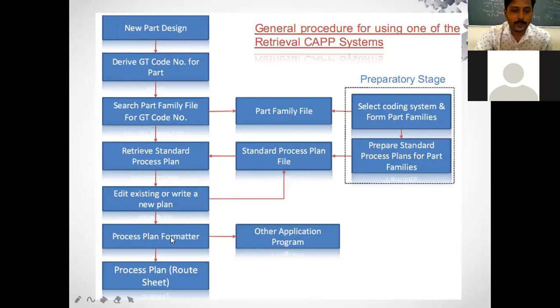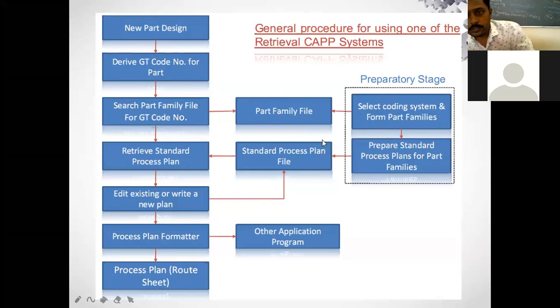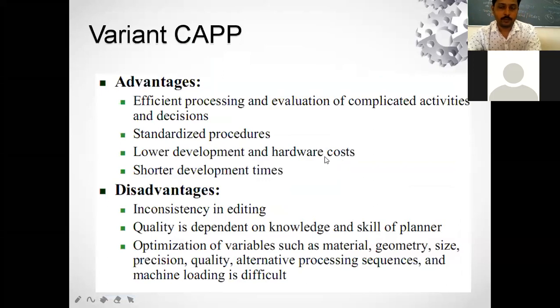Then you have to format the file and make the route sheet. So a preparatory stage is also there. You can neglect this, just go through this standard procedure. This is the general procedure of using the retrieval type CAPP system.